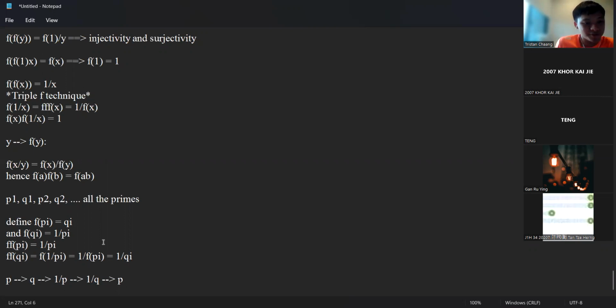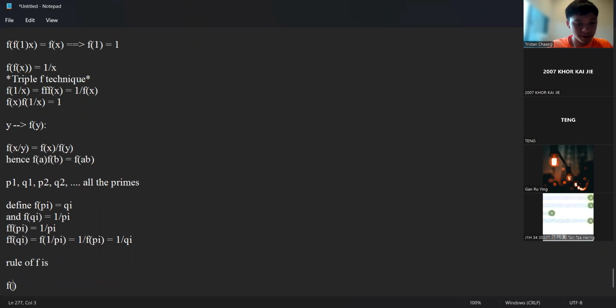And you can write it out explicitly if you want. So the rule of f is, well, you can just give some prime factorization above, P1 to the A1, Q1 to the, okay, it's a bit fussy to write this all out. But you can do it on paper.